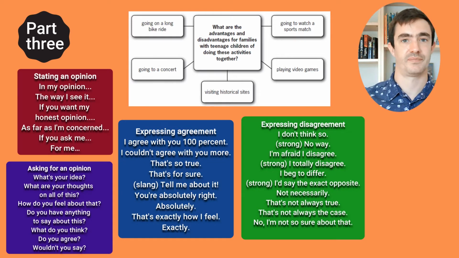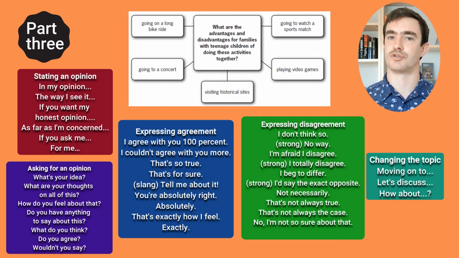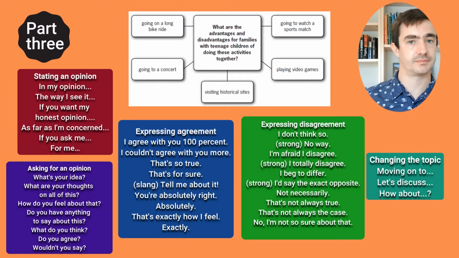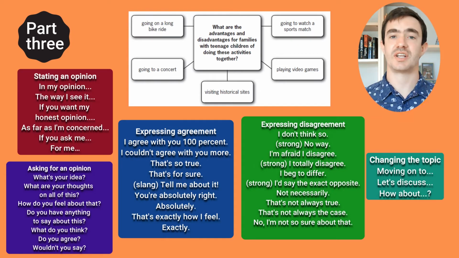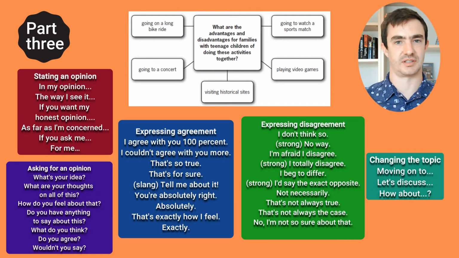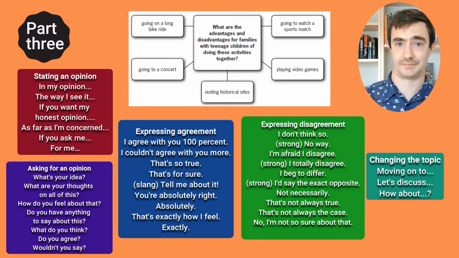Wouldn't you say? And also it's important to have some language to change the topic: moving on to, how about? So it's a good idea here to take notes of some of these useful expressions so that you are not repeating yourself. You are not always saying, I agree, do you agree?